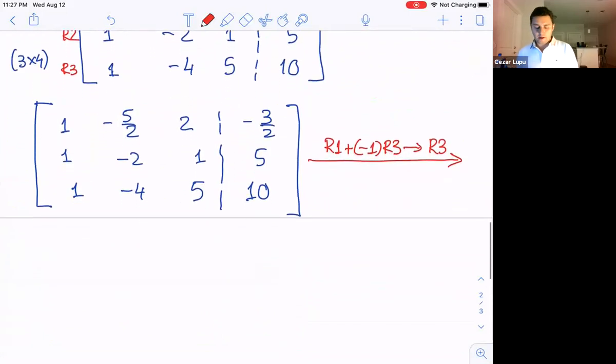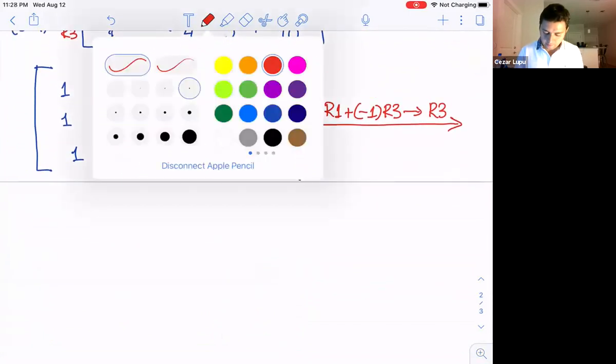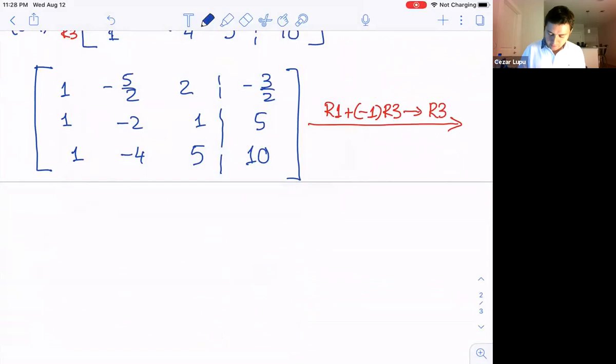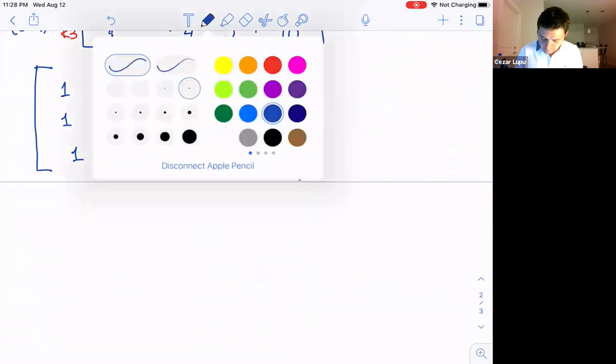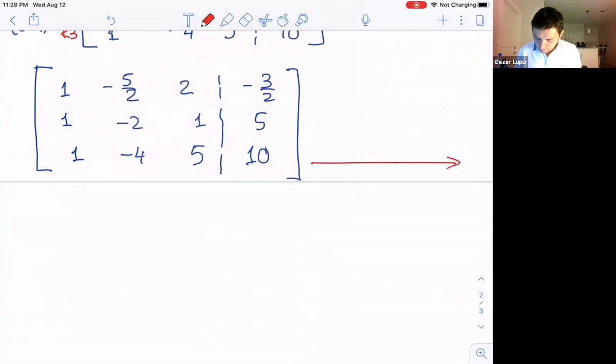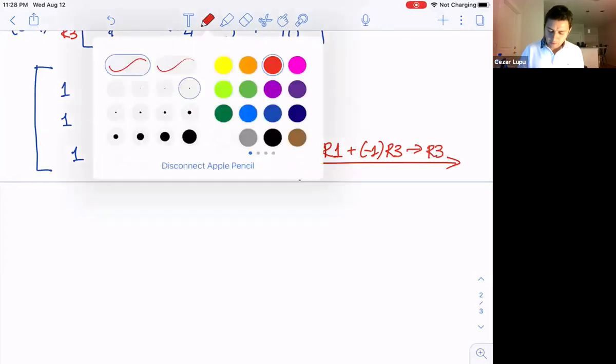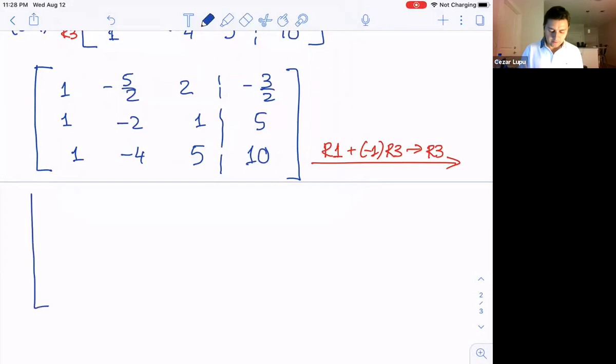Okay, and now we will have the following. Let's write it. Oh, maybe I should have written it here. Okay, on R3. So I said R1 plus -1 R3 will become my new R3. Okay, now we'll obtain the following matrix, right?